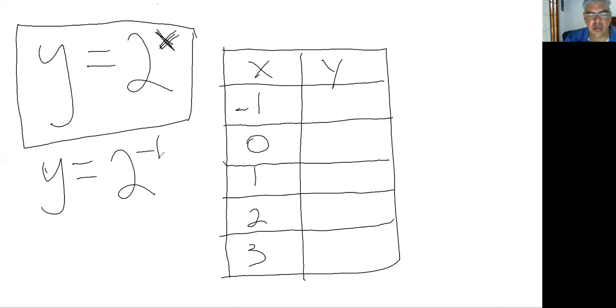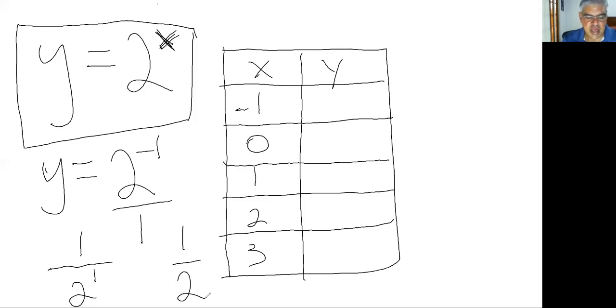And we don't need to go into review of the negative exponents, but basically we turn it into a fraction and then we flip the fraction, and now that becomes 2 to the 1, which is indeed 1 over 2. I don't want you to be concerned about flipping this. Just trust me that when x is negative 1, y is equal to a half.